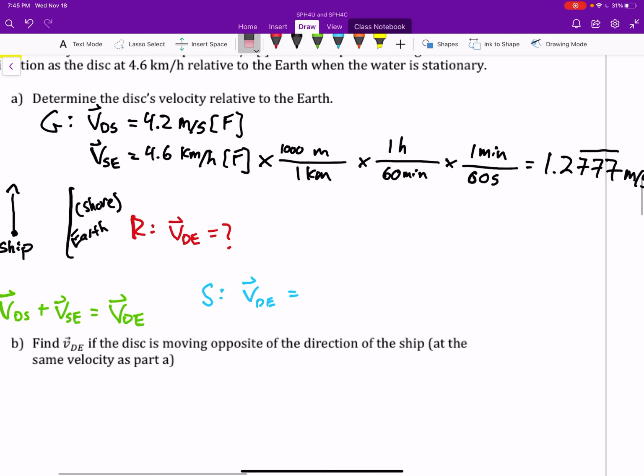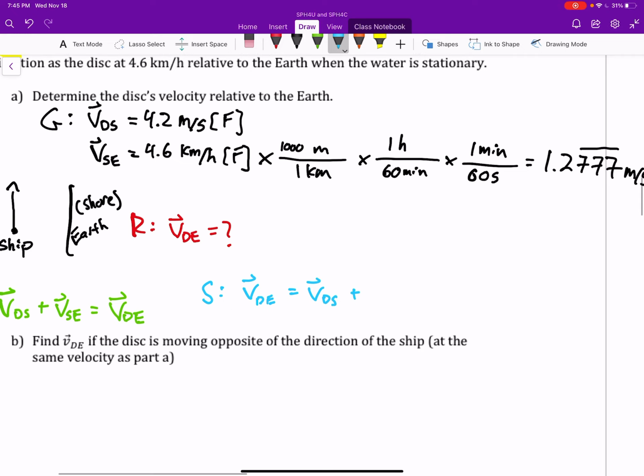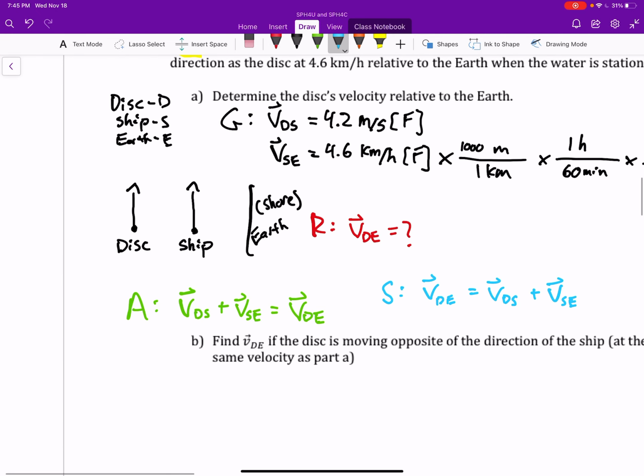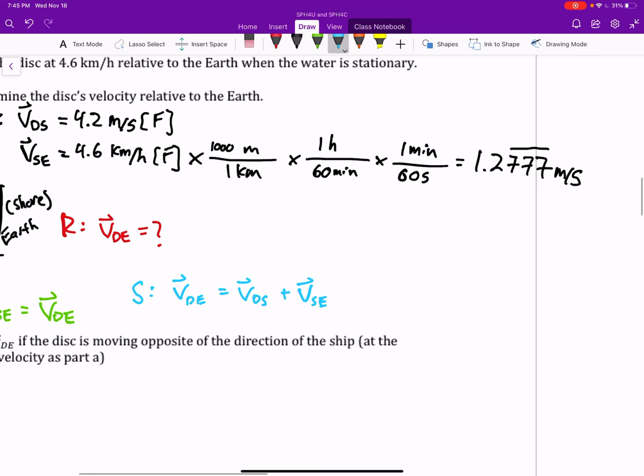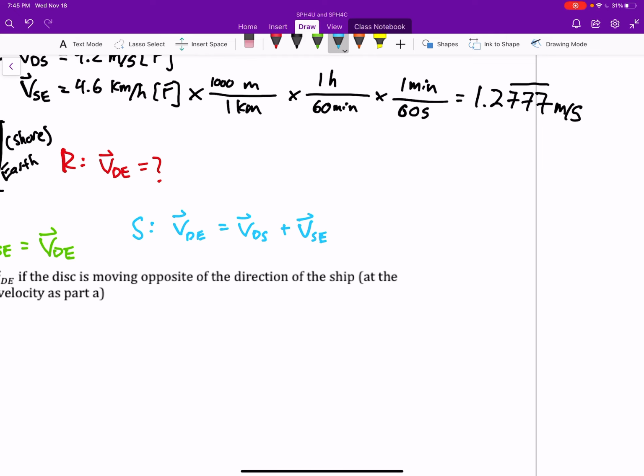So the velocity of the disk to ship, that's forward, so we can leave it positive, as well as the velocity of the ship relative to the Earth. We can leave that positive also, because we can just define this direction, forward, as our positive. So backward would be negative, but nothing's traveling backwards, so we don't need to adjust.